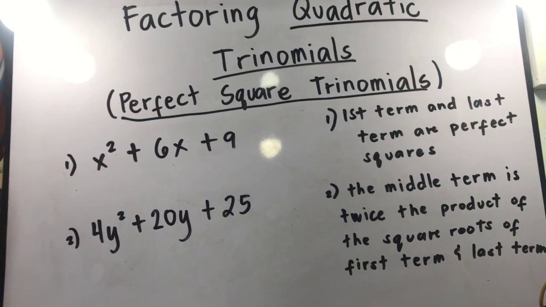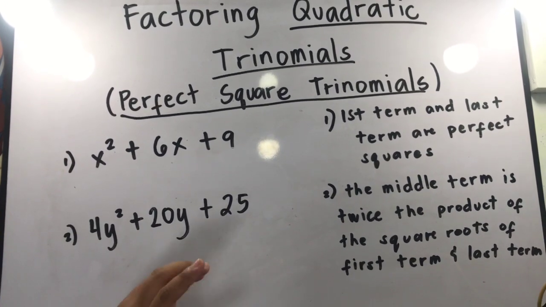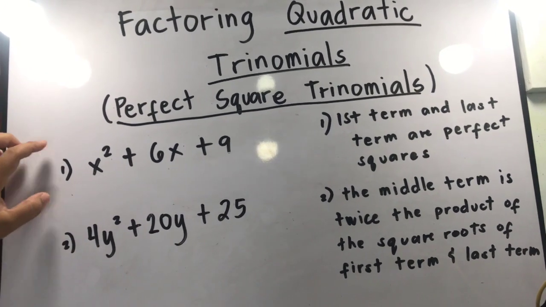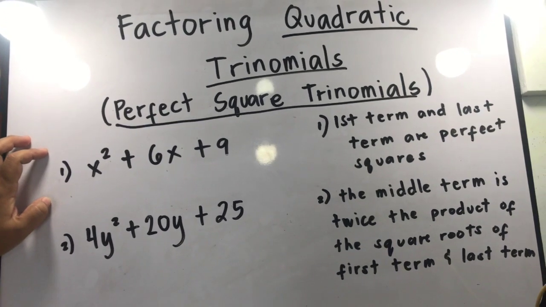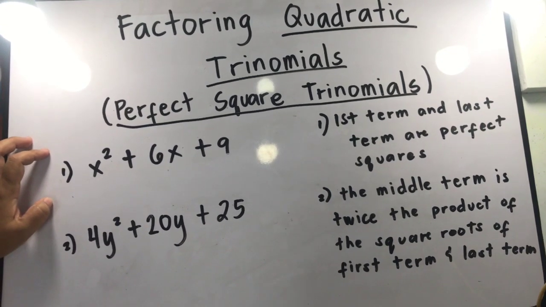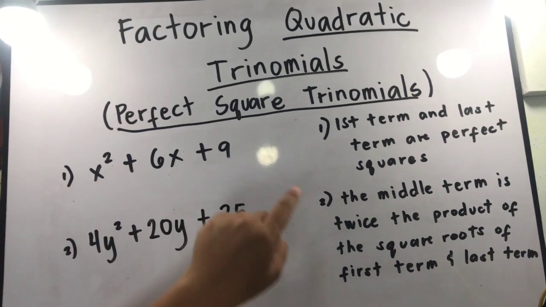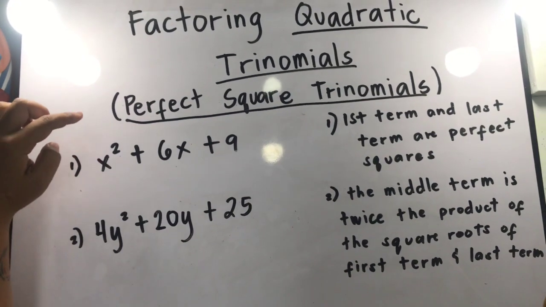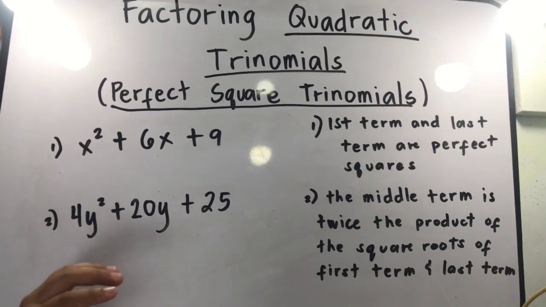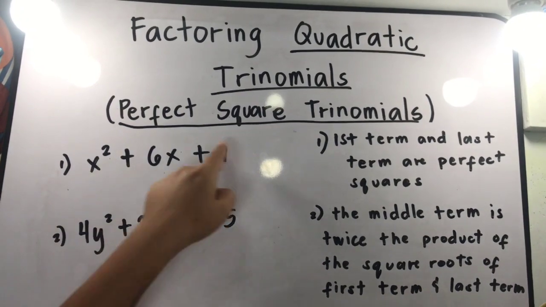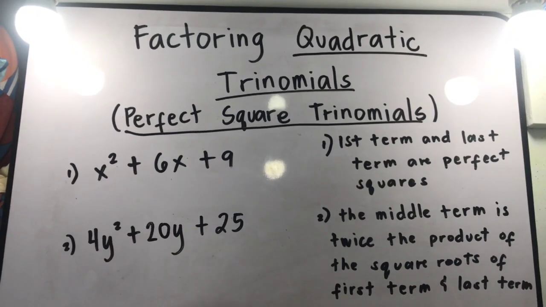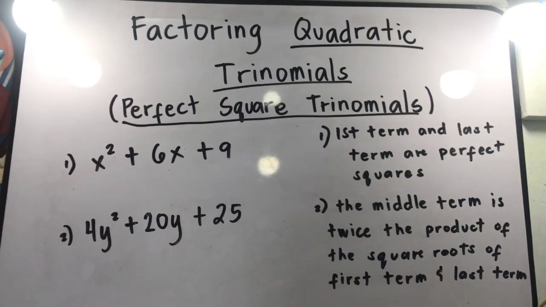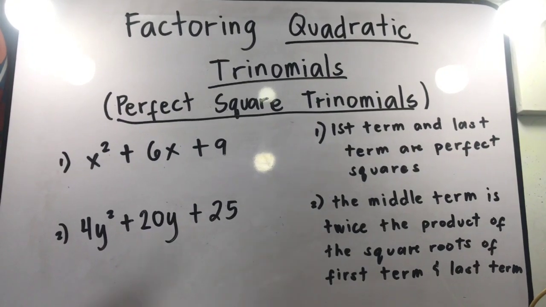First given is x squared plus 6x plus 9. Obviously, this is a quadratic trinomial. Kasi it has 3 terms and the highest exponent is 2. Now, kailangan na natin nga i-check kung perfect square naman to. Sabi sa first condition, first term and last term are perfect square.